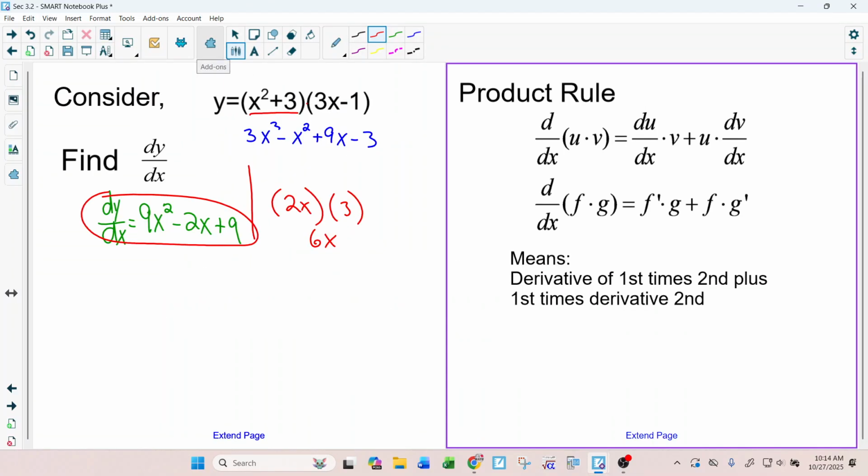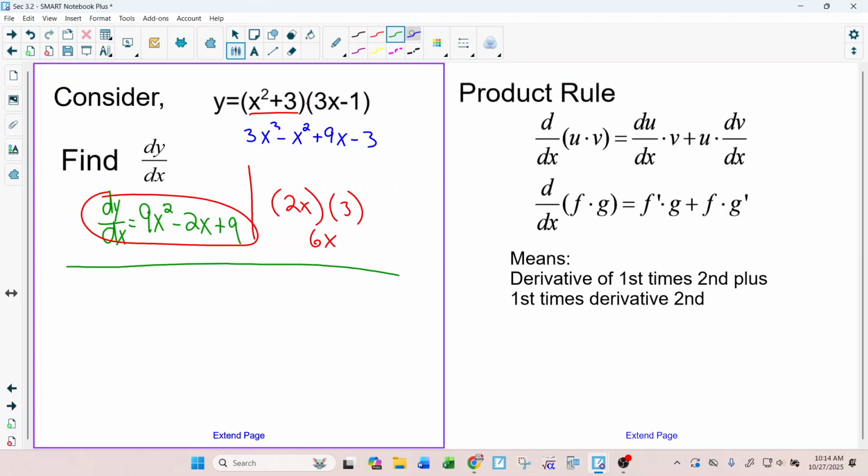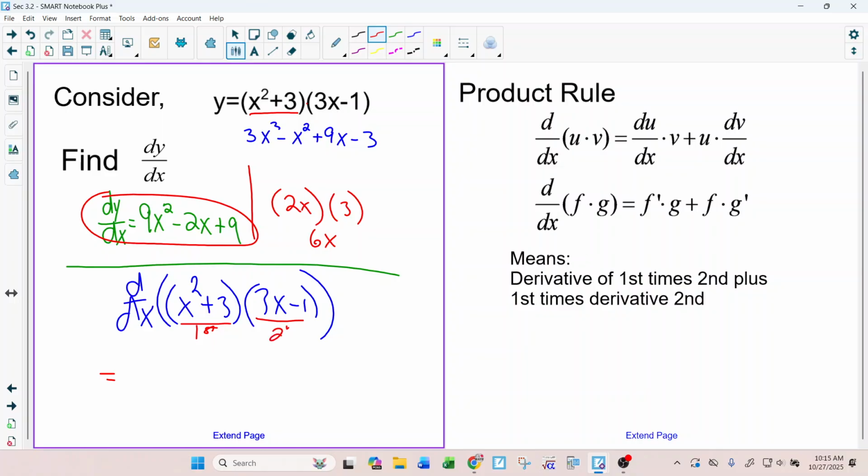So let's look at coming back over here. We have our derivative that we're finding, y, which is x squared plus 3, times 3x minus 1. So by our product rule, it is the derivative of the first. So this is our first. This is our second. So derivative of the first, which is 2x, times the second.